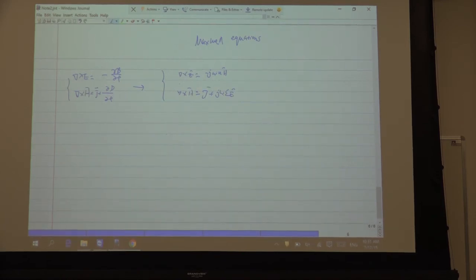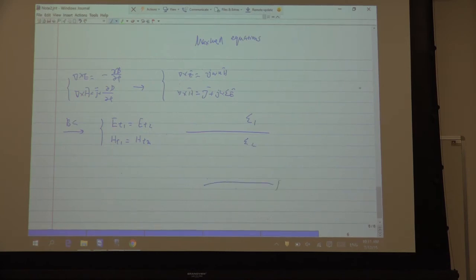This Maxwell equation is quite important. For research, we also solve this equation with the boundary condition. For the boundary condition, the tangential part of E1 equals the tangential part of E2, and the tangential part of H1 equals the tangential part of H2. This is for dielectric materials 1 and 2.